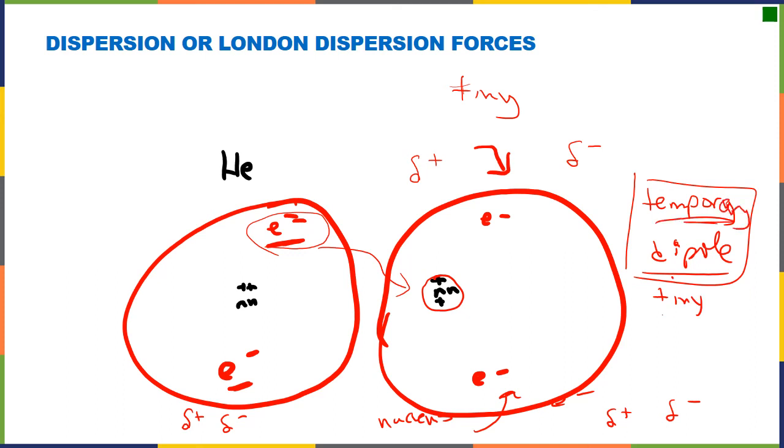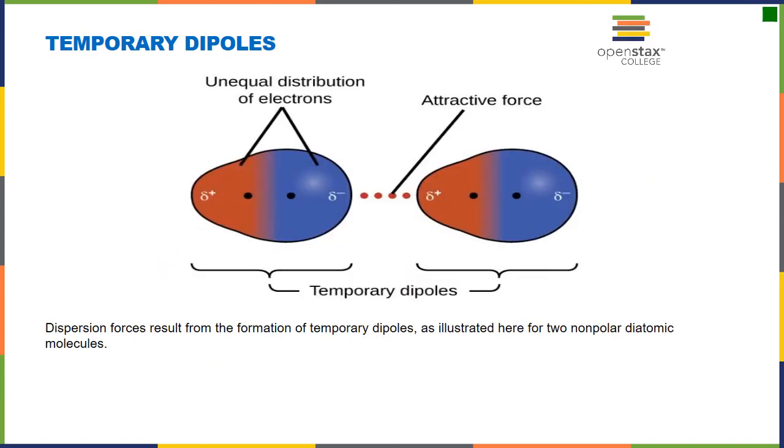Well, if our dipole is tiny and temporary, these guys can stick. How much? A little tiny bit. And so what we're going to have here is an uneven distribution of electrons. And you can see this for two nonpolar diatomics, for example. If we had fluorine, we could make fluorine stick together. Why?